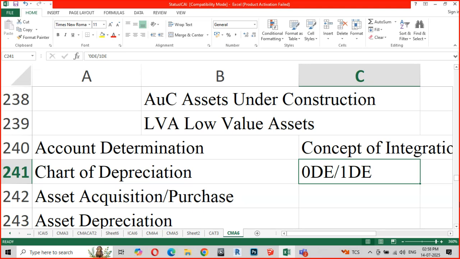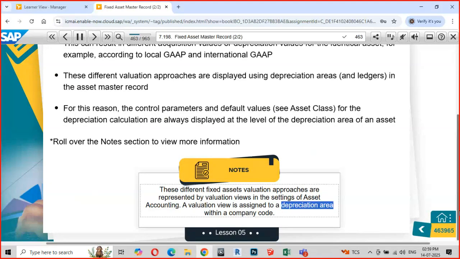And one of the other standards is your chart of depreciation. You have the standard 0DE or 1DE. So now I think we have understood what a depreciation area may be.